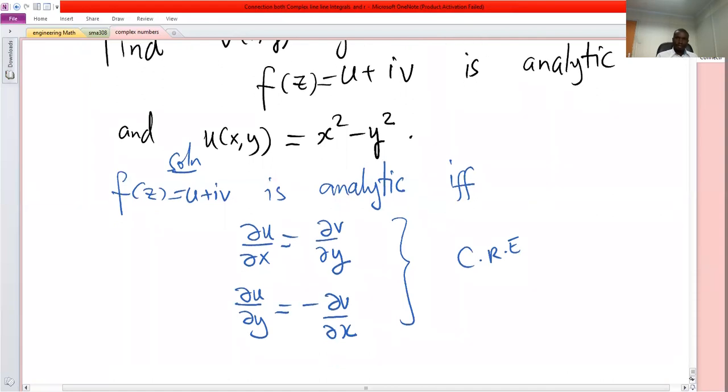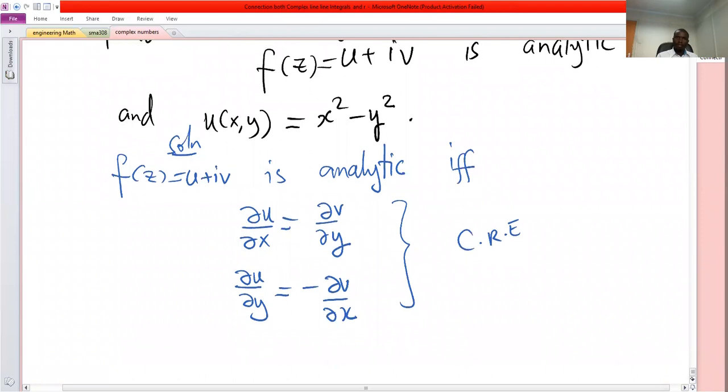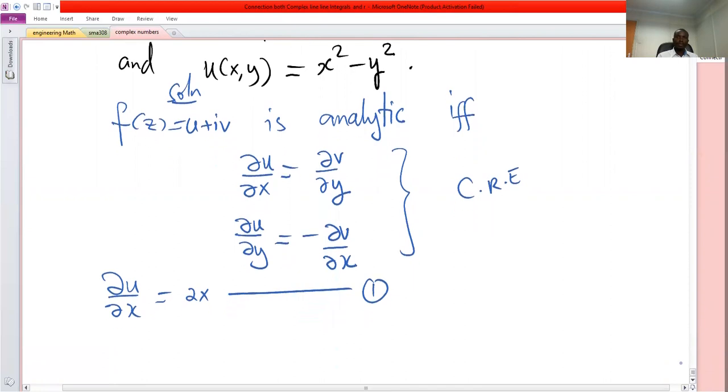So let's get partial u partial x, which gives us 2x, call it equation 1, and partial u partial y is minus 2y, call this equation 2.